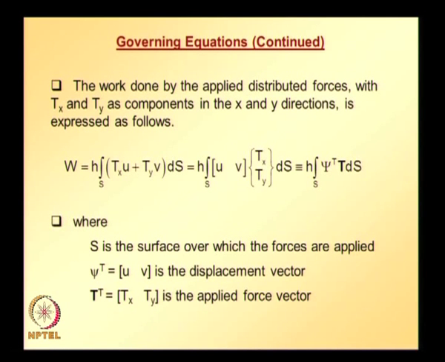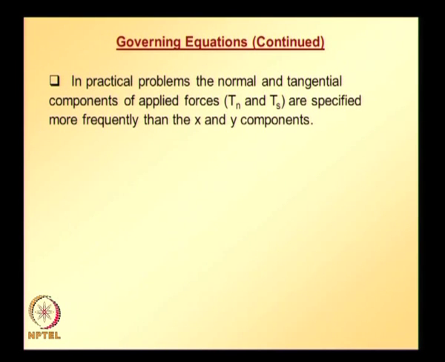But usually in practical problems, tractions are specified in terms of tangential and normal components. So, it is better we write this equation in terms of T s and T n. It is very simple, we know the relationship between T x, T y and T n, T s.